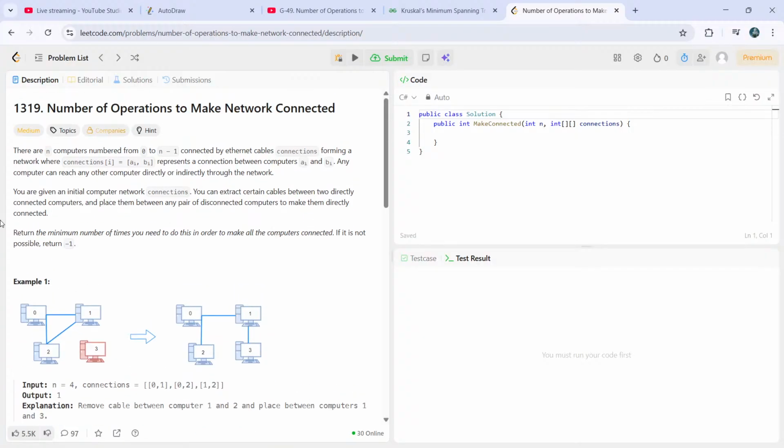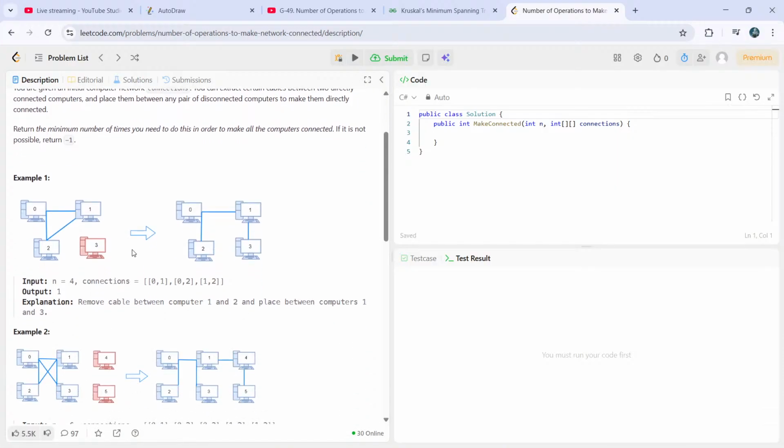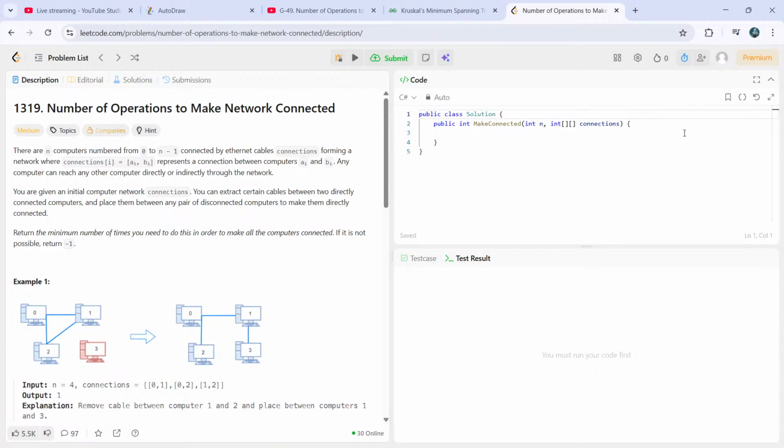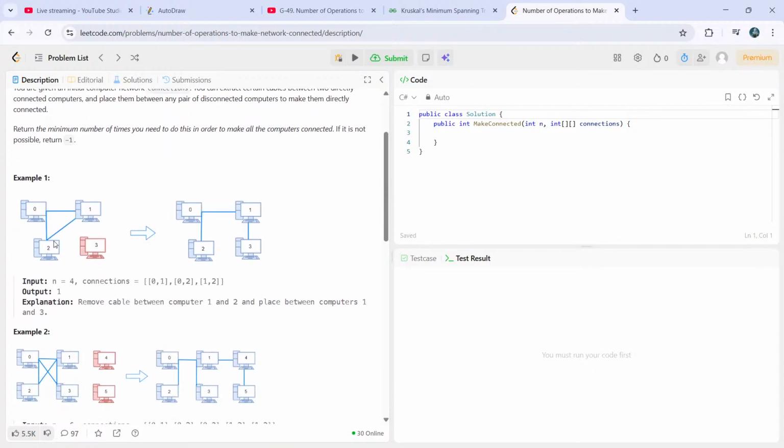So we have figured out the problem. We have this class, connections.